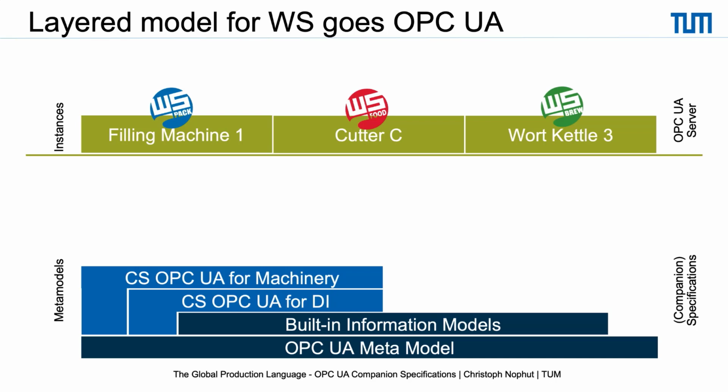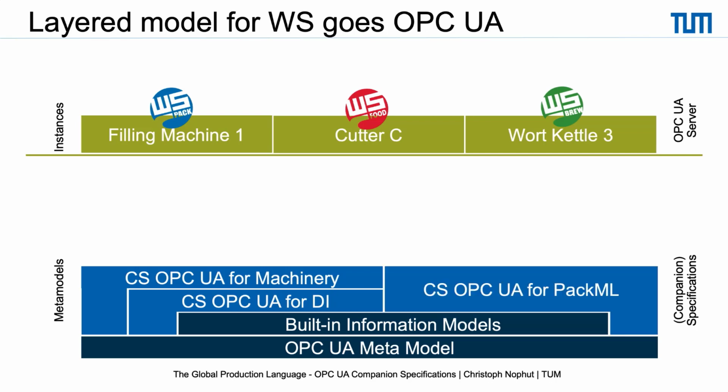That companion specification we'd like to use for describing meta information about the machine and organizing our WS machines within the OPC UA server tree. We're using the PACML companion specification for having the state machine from PACML.